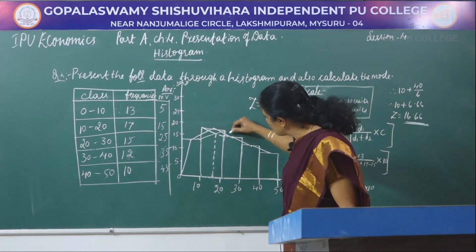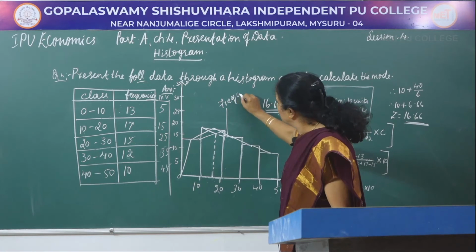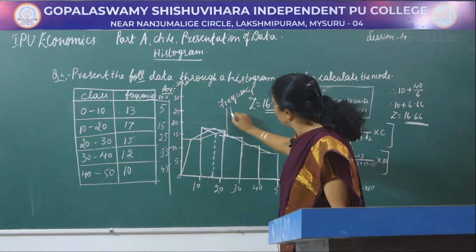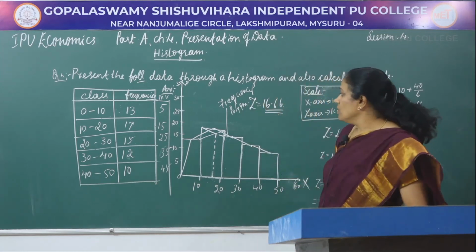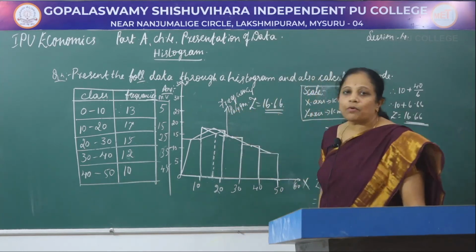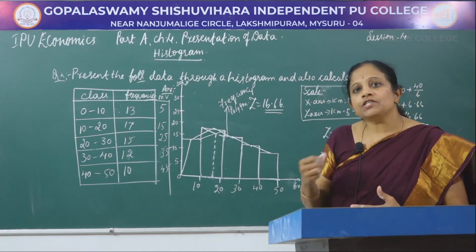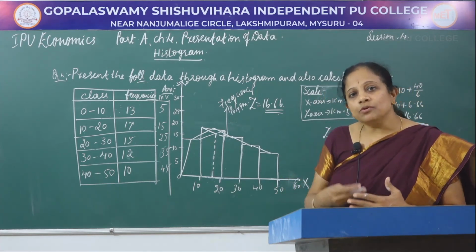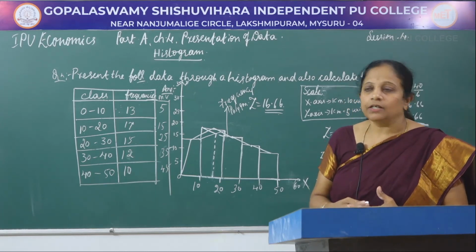So this is called the frequency polygon. A frequency polygon is drawn on a histogram to display the data using the class midpoints.